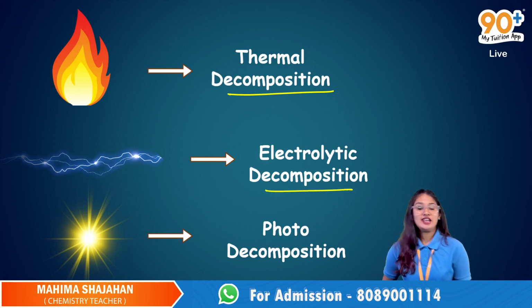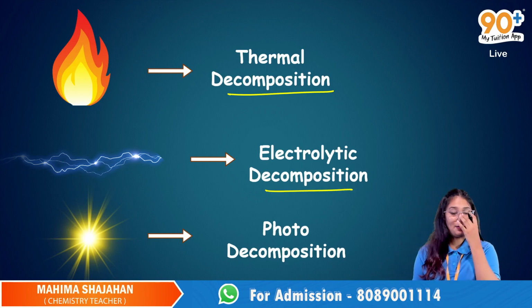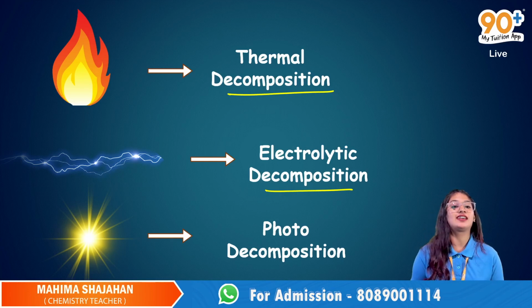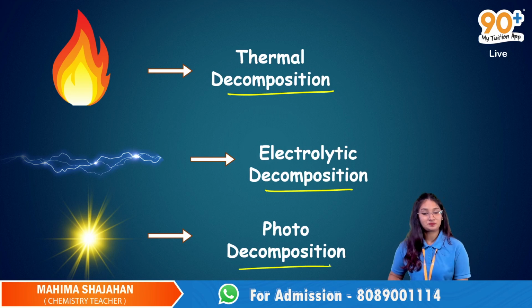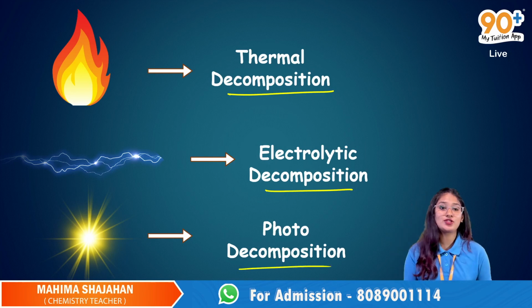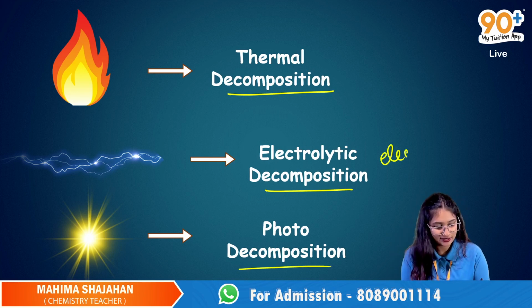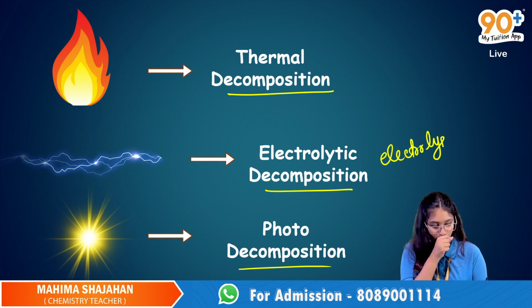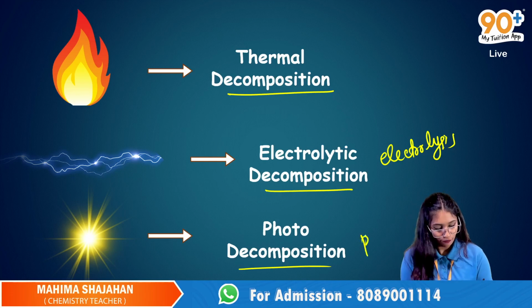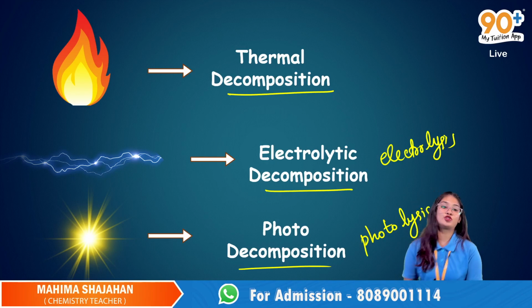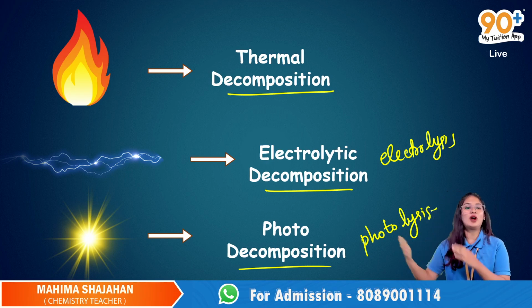If decomposition takes place when light is passed, you can say it is photo decomposition. Electrolytic decomposition is also known as electrolysis, and photo decomposition is also known as photolysis. Now let's see one by one.